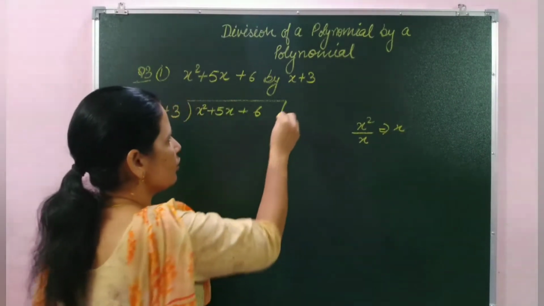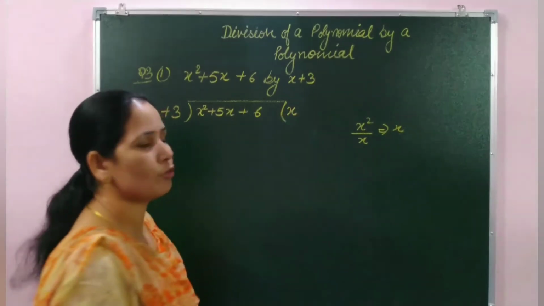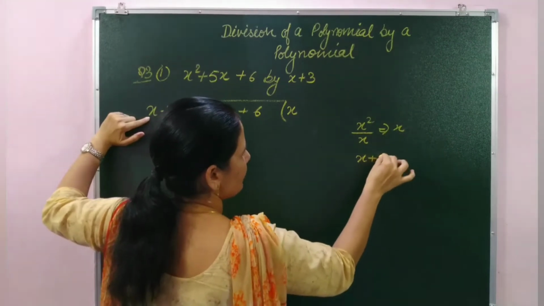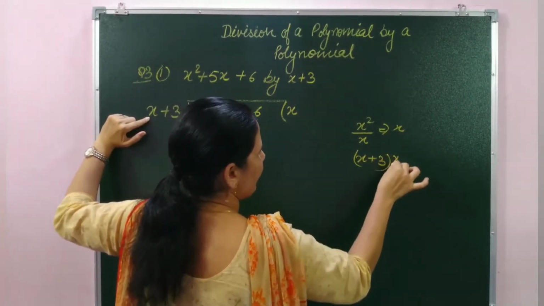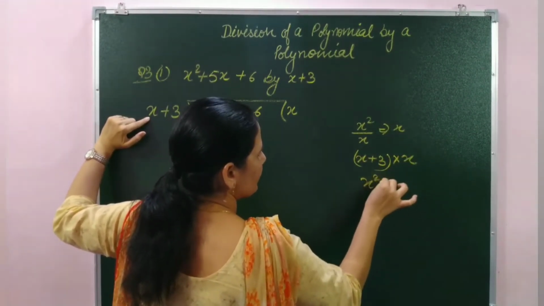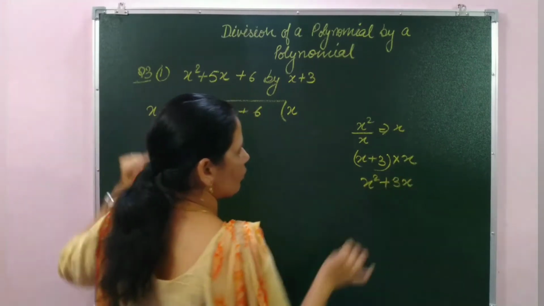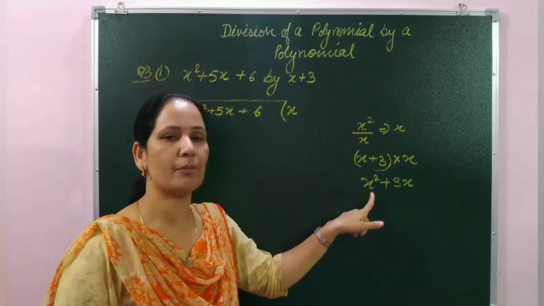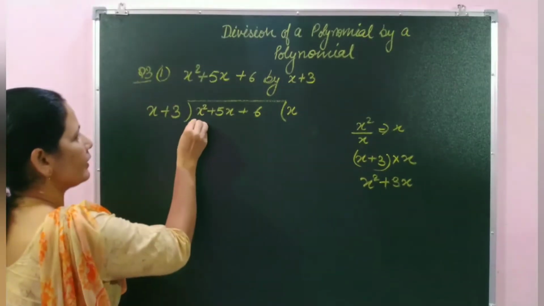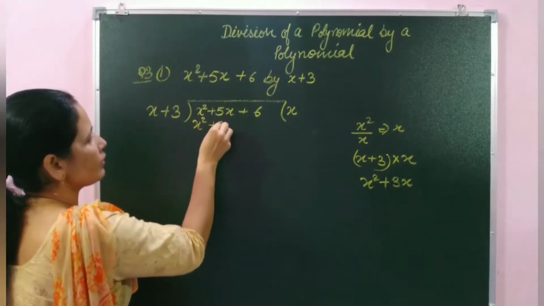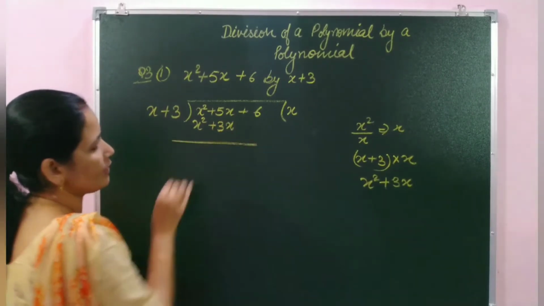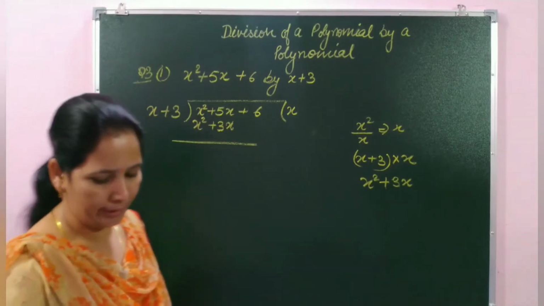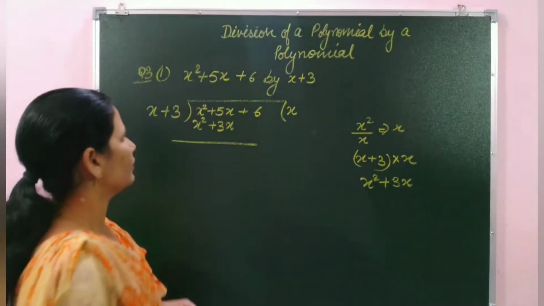The number by which we have to multiply our divisor is x, with x plus 3. When x plus 3 is multiplied by x, we get x square plus 3x. So we write here x square plus 3x. Now students, as we know in division, after writing the term we subtract.